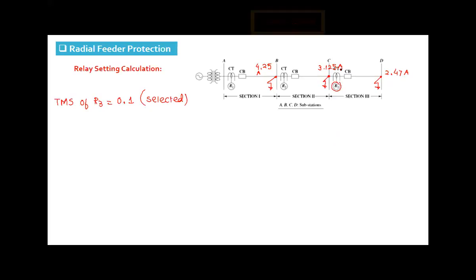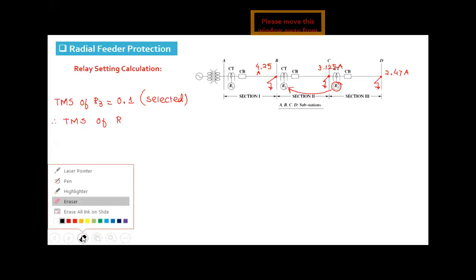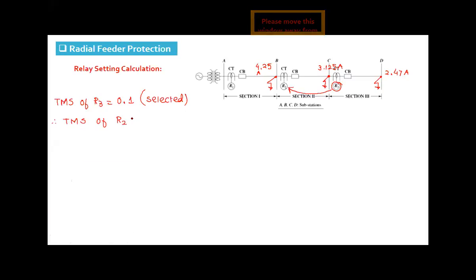Now we have to coordinate R3 with R2. Therefore, how to find TMS of R2? To find TMS of R2, what should happen?